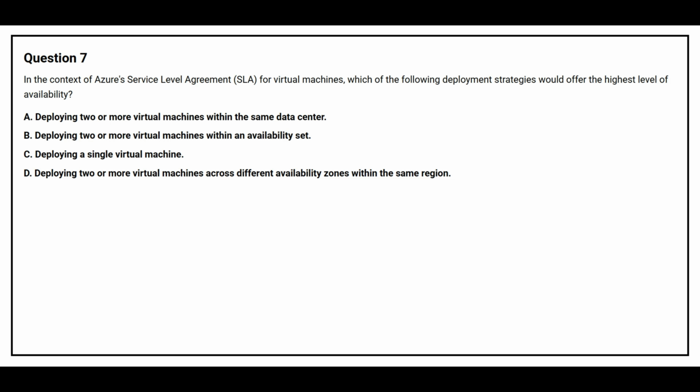Option C. Deploying a single virtual machine. Option D. Deploying 2 or more virtual machines across different availability zones within the same region? The correct answer is option D, deploying two or more virtual machines across different availability zones within the same region.